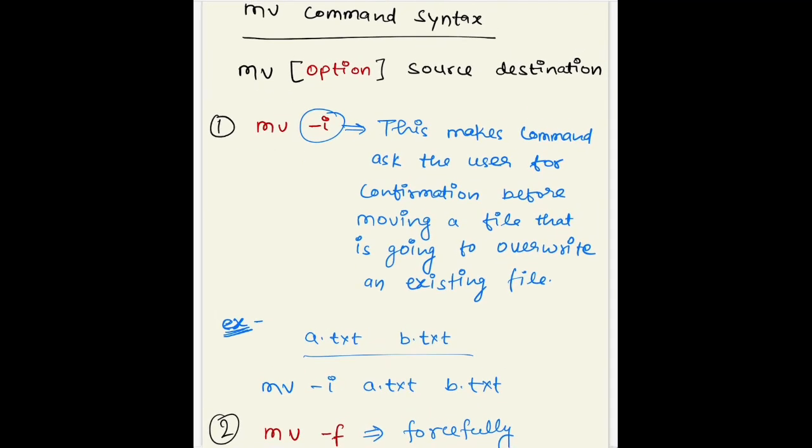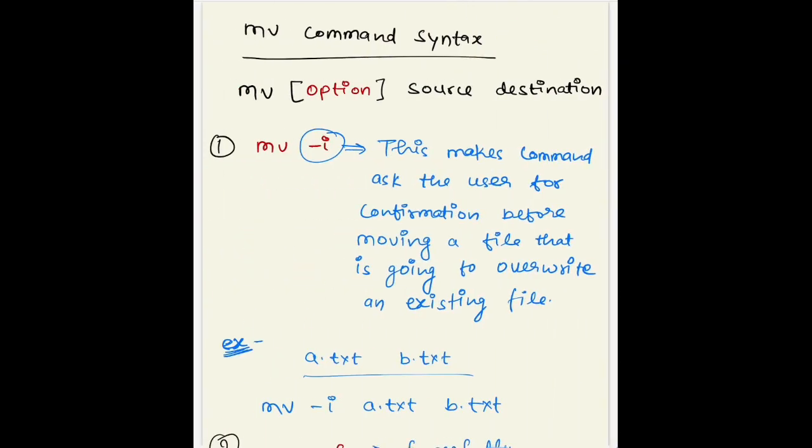Now coming to the second option: mv -f. F means forcefully. This is actually clear from the name only: if we want to forcefully rename a file, then we use the -f option. There might be some situation where you don't want any warning to occur.